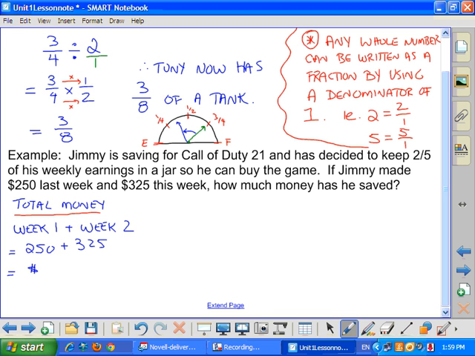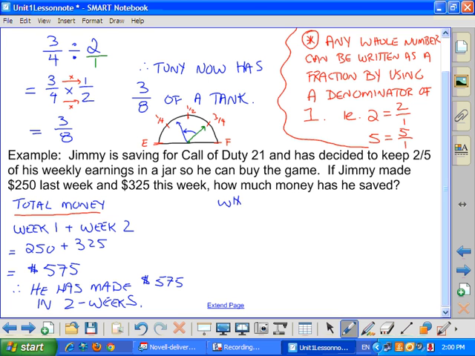So $250 and $325, that's going to be $575. So therefore, he has made $575 in 2 weeks. That's not what the question wants to know. How much has he saved up for the game?